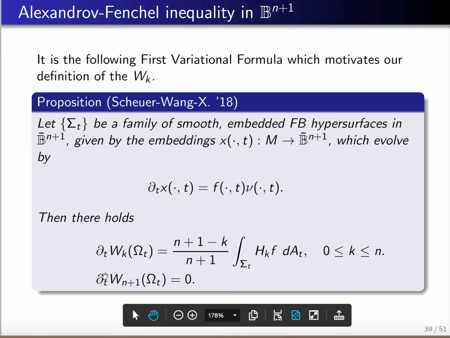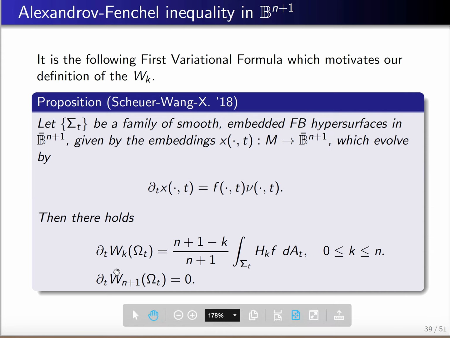Okay, so from the last one, we can easily see that W_{n+1} should be a constant. Yeah, this is the first variational formula for this quermass integral.